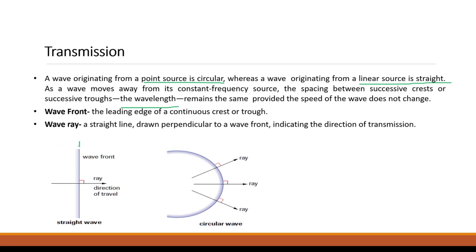So that's this part, as opposed to this part, just to differentiate, as well as this blue front shield looking part. And the wave ray is a straight line drawn perpendicular to a wavefront, indicating the direction of transmission. So it's telling you which way the wave is actually moving.